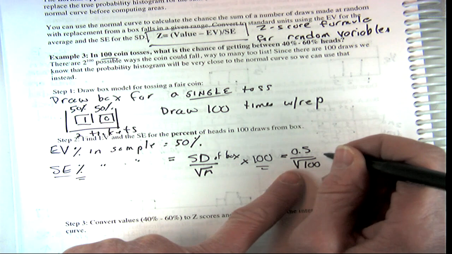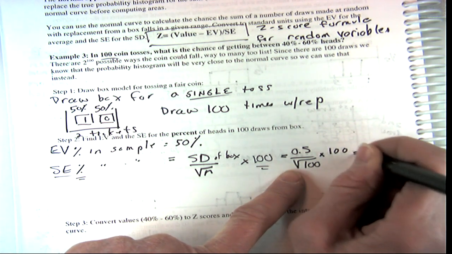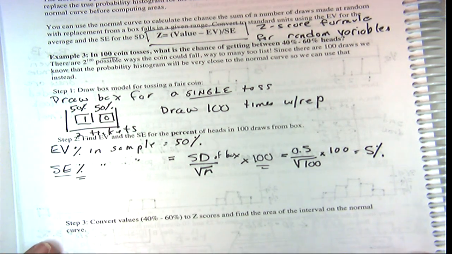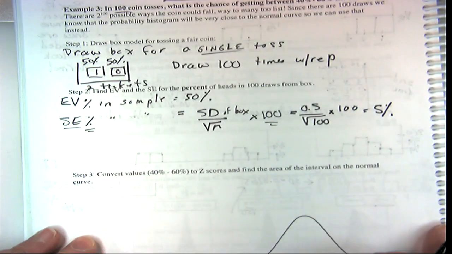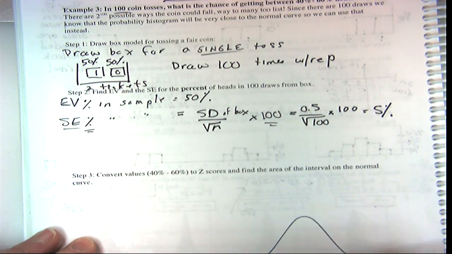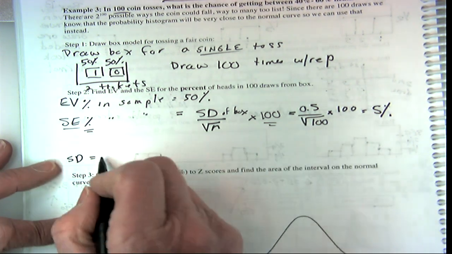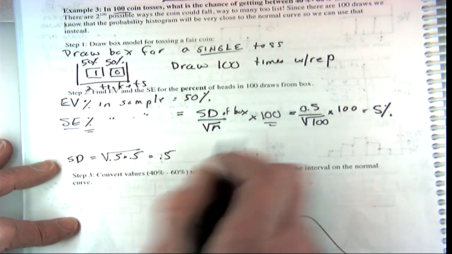If we did that, you get 0.05. But we multiply by 100, and that gives us 5%. Do you want me to write that out? The standard deviation is the square root of 0.5 times 0.5 for that.